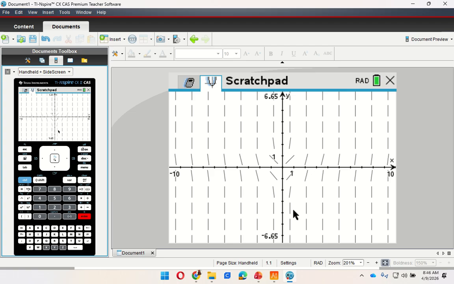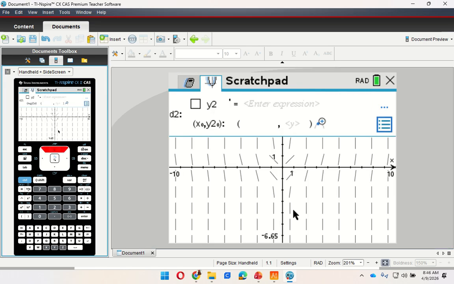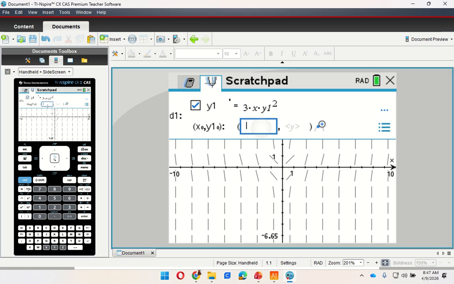Now, I'm going to do this also so you can see this. This is not as accurate. Tab right here. So I'm going to go back to this. This is actually another option you could use. We're trying to find a slope field, and I want to make sure it does this. This is an approximation. It just gives you a general line so you could draw a dotted line on your slope field. Right here, I'm going to put my x and y for my particular solution.